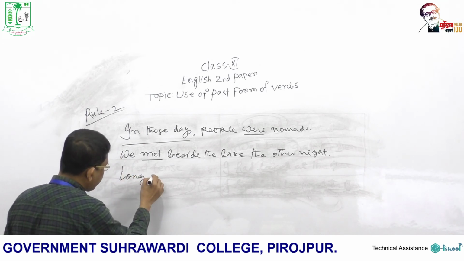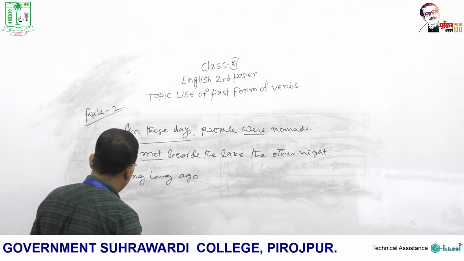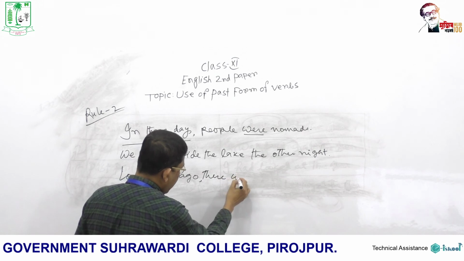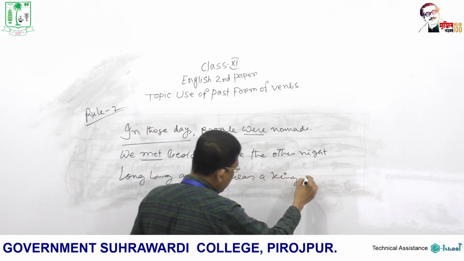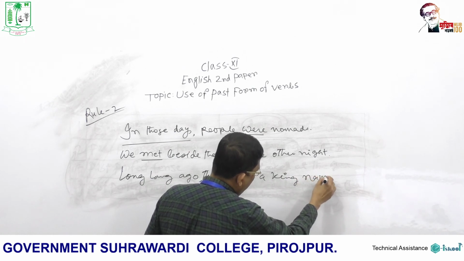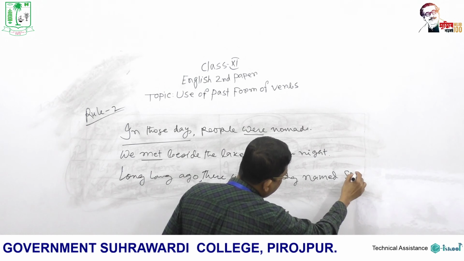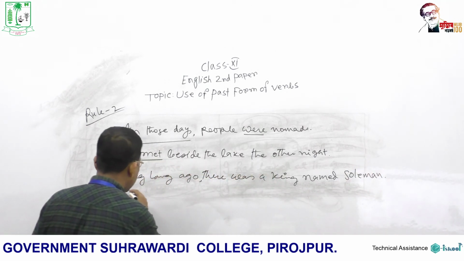Long ago, there was a king named Suleiman. I have given 3 examples here.